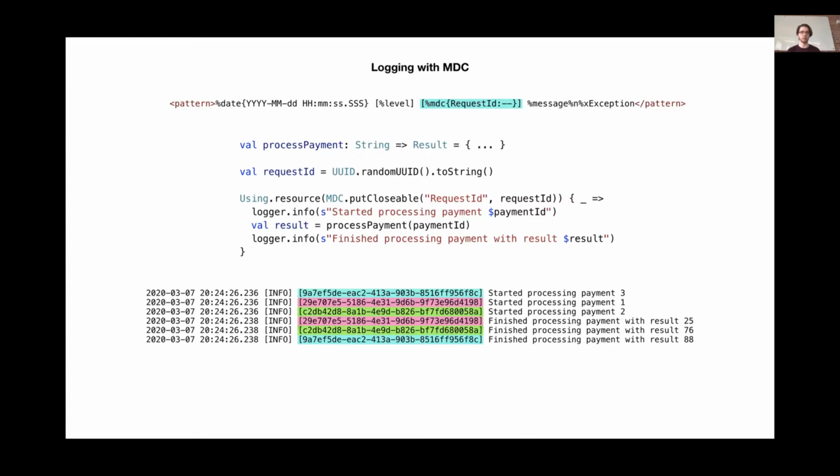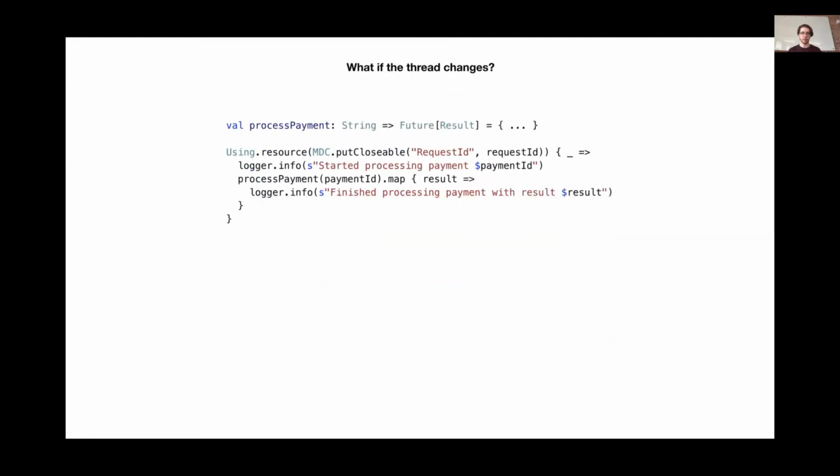There's no way of mixing this up with a different transaction. And when we see the last message with the same request ID, that's the end of the request. So now it's at least explicit where the request ends.